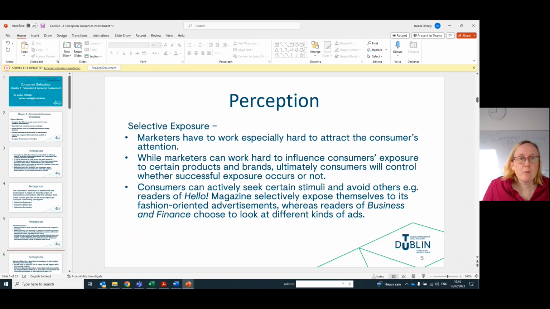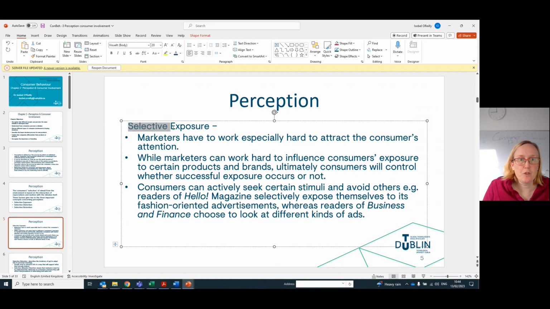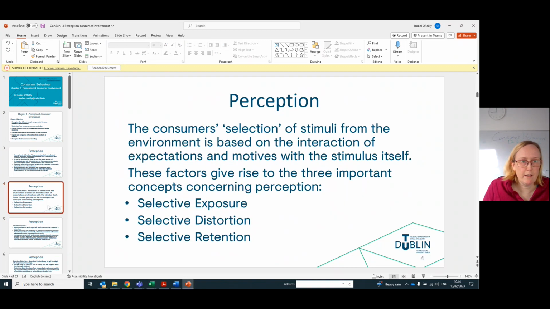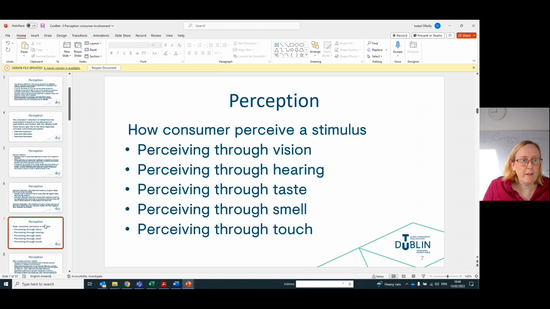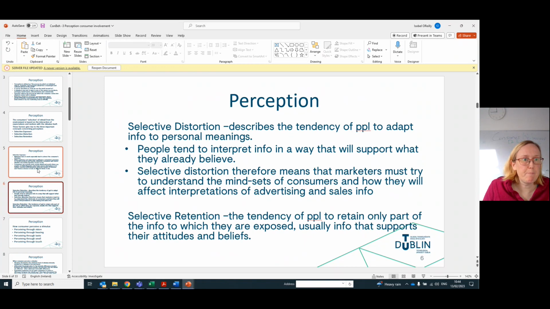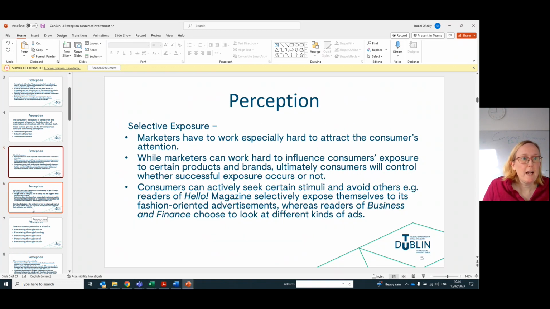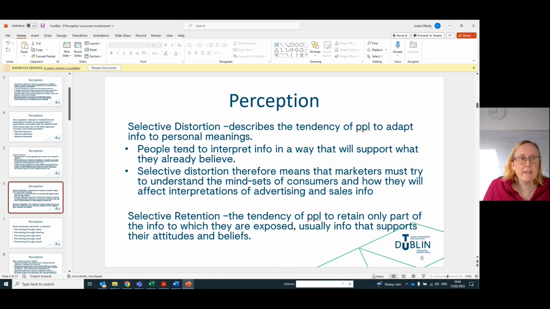So that was selective exposure, and next we have selective distortion.